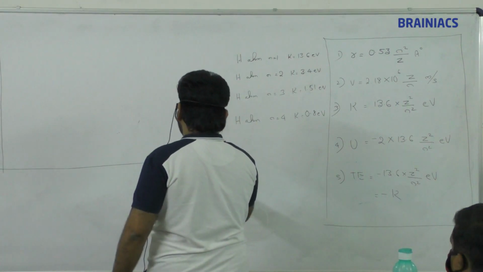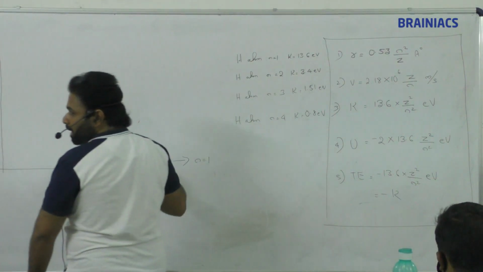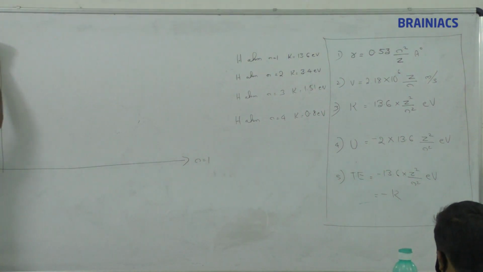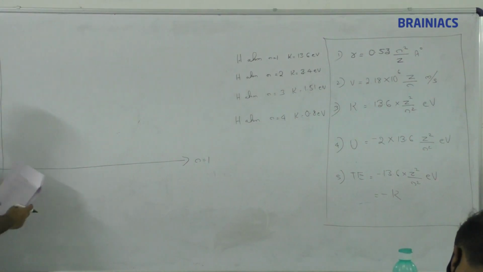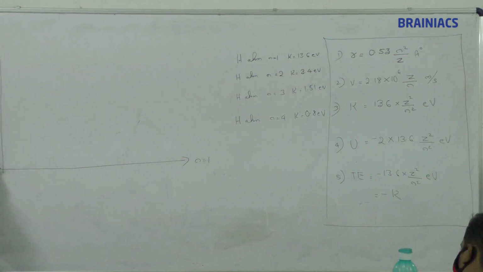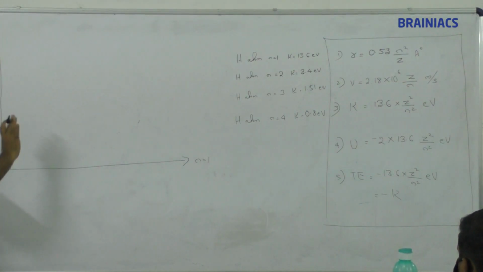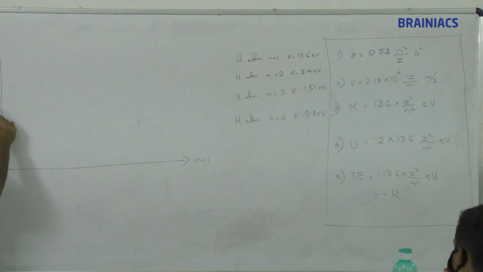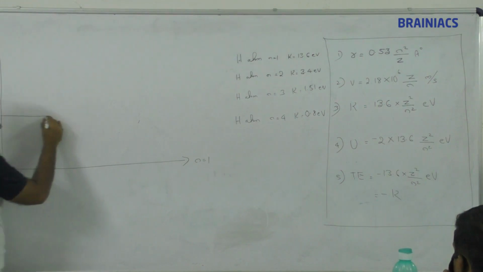Say this is N equal to 1, and this is the energy. The next state will be N equal to 2.